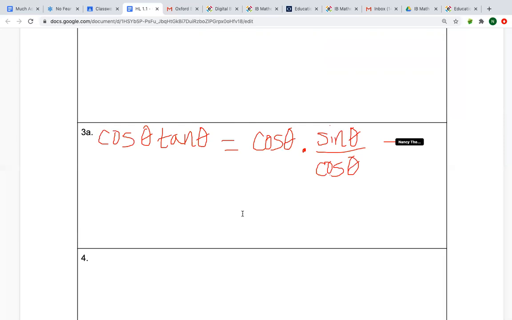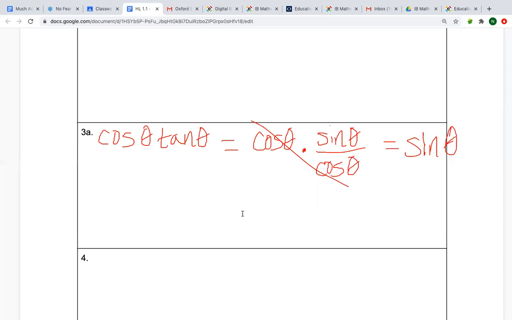Then we can see that our cosines cancel, and so this would just be sine of theta. So all of those problems in section 3 are just rewriting the different equations so that they cancel and simplify really easily.